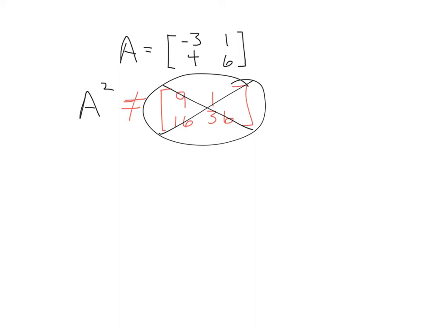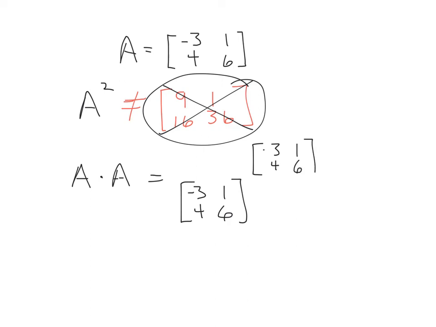When we talk about squaring matrix A, we're saying take matrix A and multiply it by matrix A. And I'll go ahead and set this up using the second method, which really is my preferred method of multiplying matrices, where we've got negative 3, 1, 4, 6. And the same thing up here, negative 3, 1, 4, 6.